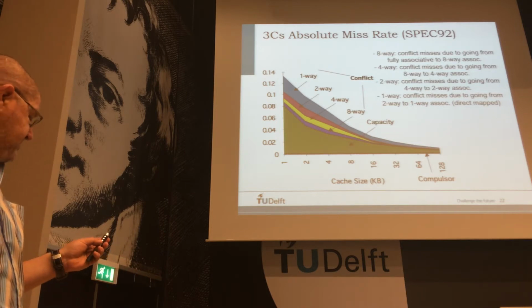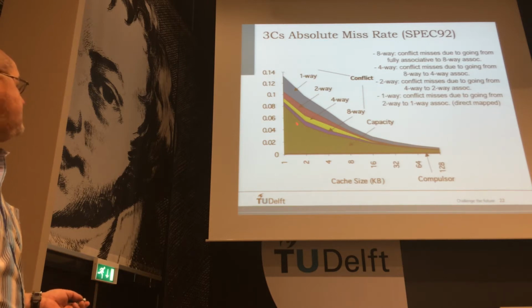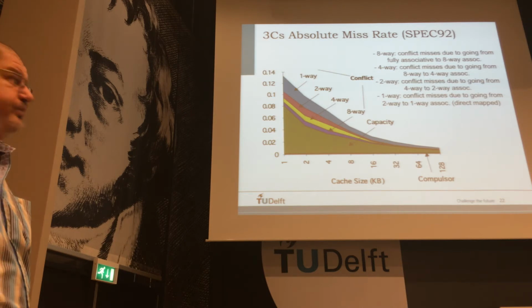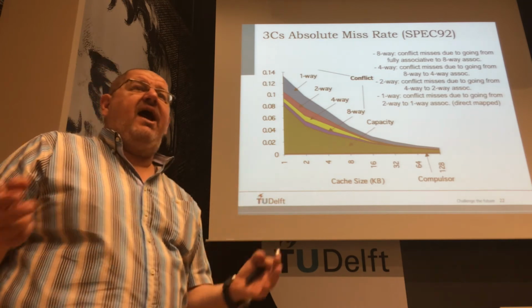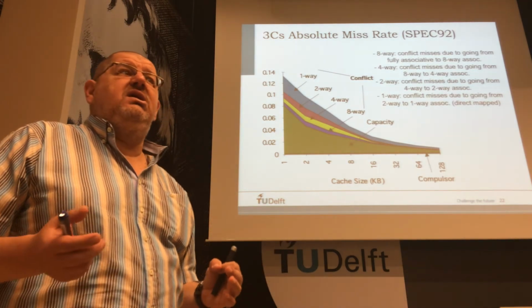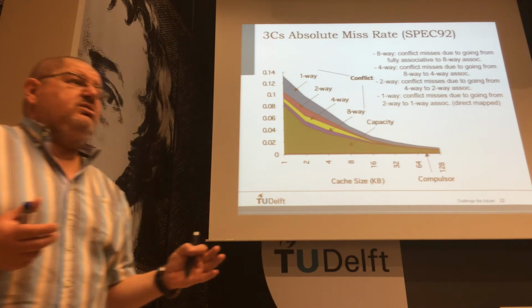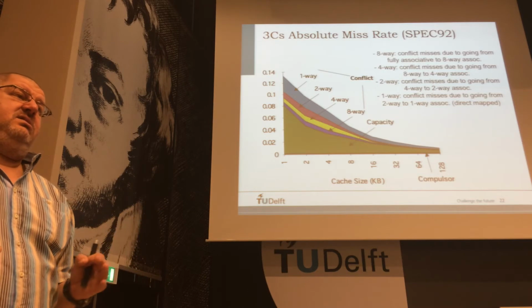When I'm reducing the cache size, the influence of associativity is getting larger. Looking at such a diagram, I can make a decision which type of cache I want to use, because it may make no sense to make it larger than a certain value.